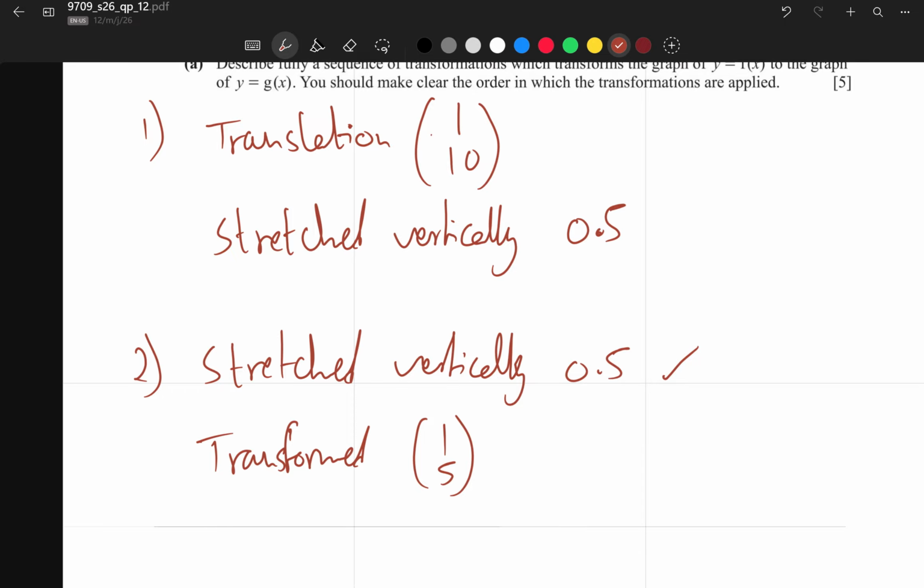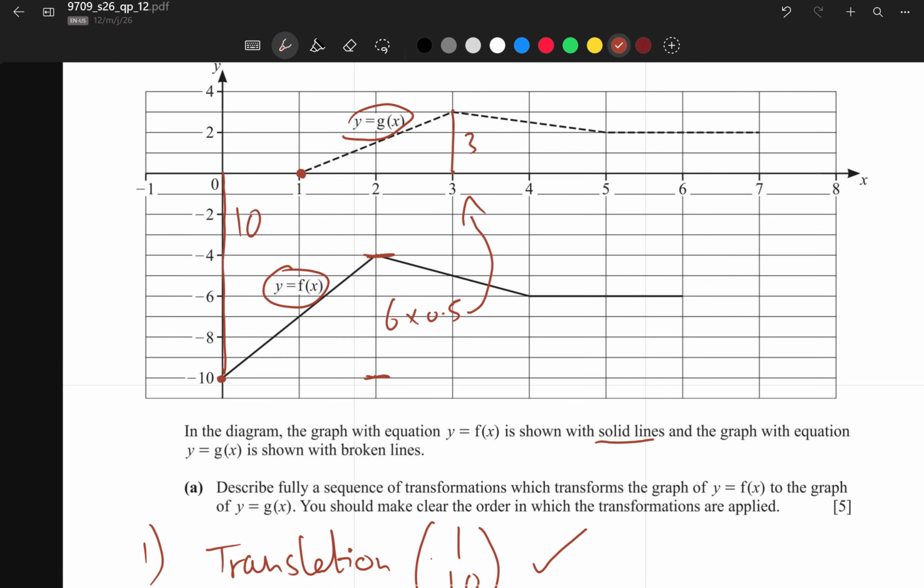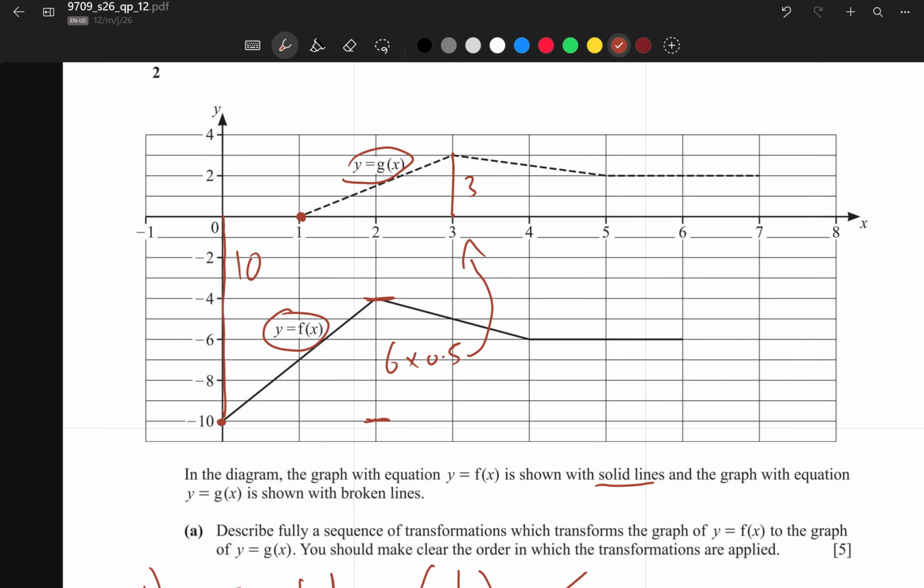Why? In the first case we said that the graph was translated first and then it was stretched, but now in the second case we are saying that the graph was stretched first and then it was translated. Now if it was stretched first, it means that the graph will only be of 3 units of length before it was shifted up and right.